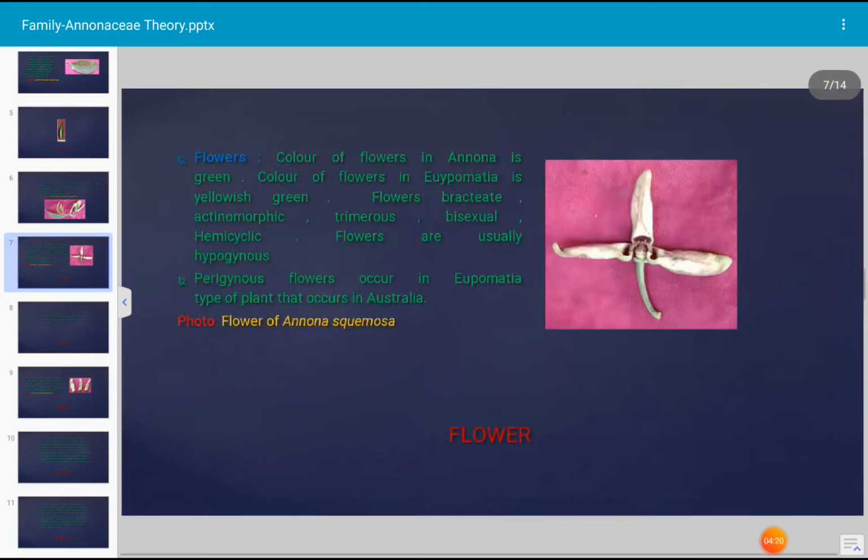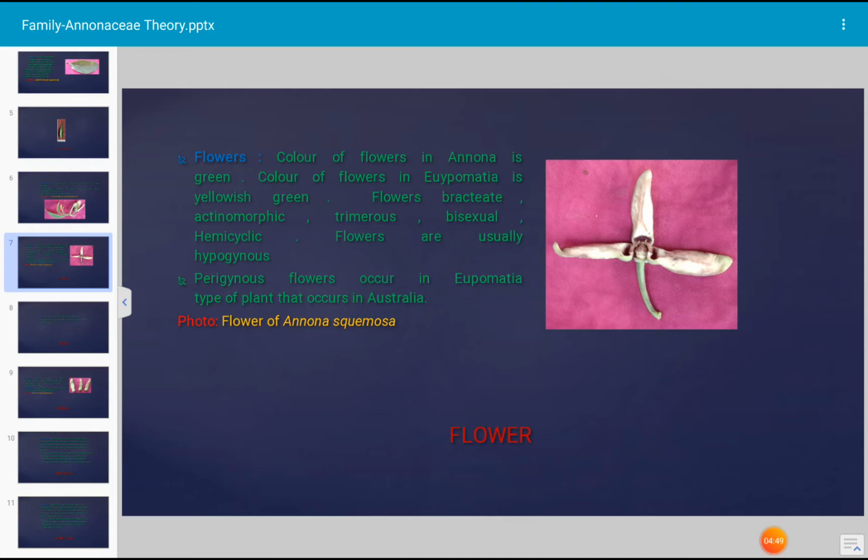Next, let us see the flower of family Annonaceae. Color of flower in Annona is green. Color of flower in Eupomatia is yellowish green. Flowers mostly bracteate, bract is present. Actinomorphic, that means symmetrical flower. And trimerous, three petals are present.